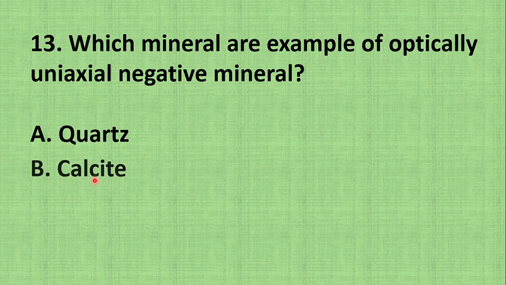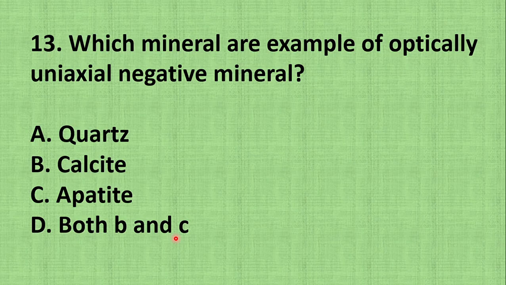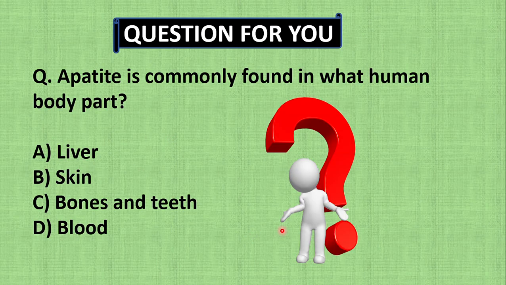Quartz, calcite, apatite, and both B and C. Which one is optical negative? So we already discussed calcite and apatite. Okay, so calcite and apatite are optical uniaxial negative minerals, and quartz is a uniaxial positive mineral.